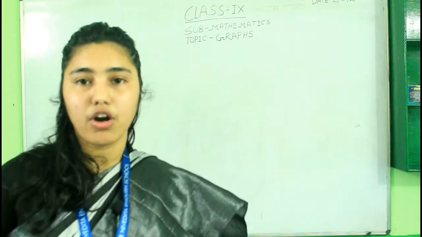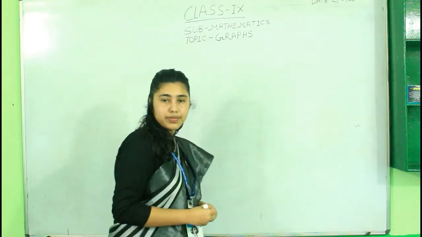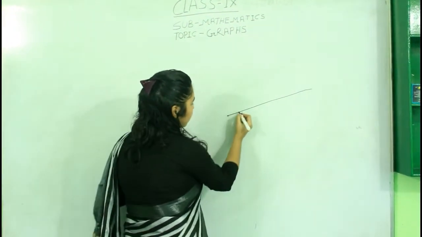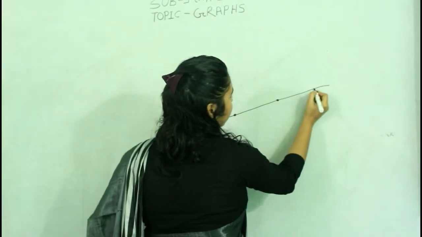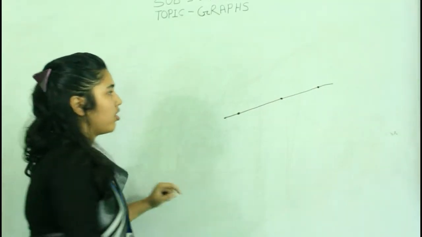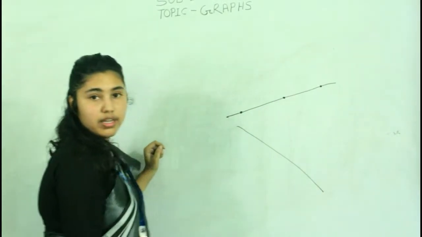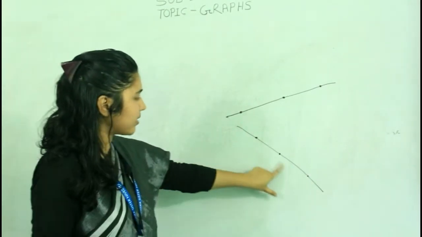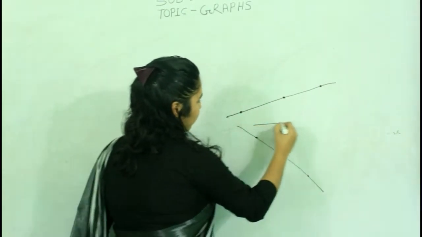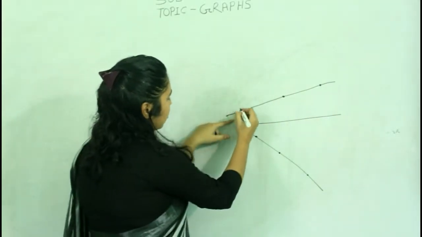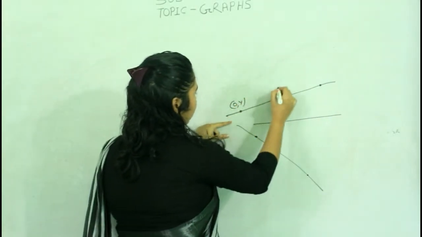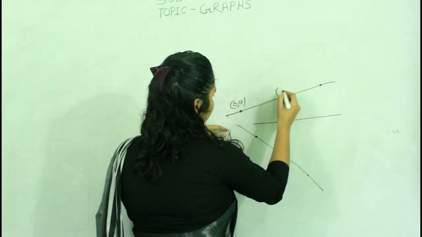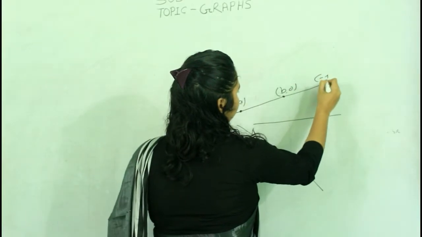So what is the meaning of collinear? Collinear means they are in a straight line. That means suppose this is a straight line, then these 3 points lie on it, like the points (0, y), (x, 0) and (-1, -1).